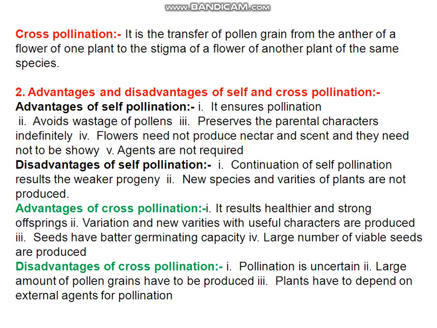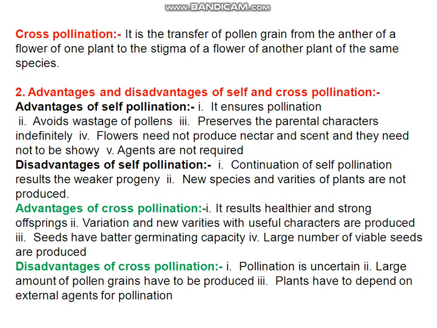Then seeds have better germinating capacity. Seeds, you know that germination of seed is a better option for the production of a plant. Now a large number of viable seeds are produced. So these are the advantages of cross-pollination.